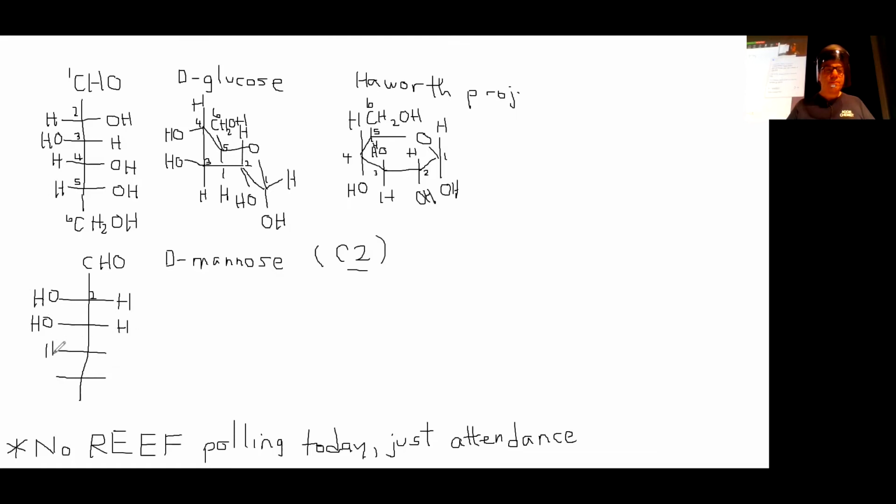I think it would be wrong to write OH instead of HO, because that indicates to me that whoever drew it is not thinking of atoms connected to each other. But that's carbon 2, so that's where the difference is. And the rest is the same. So instead of right, left, right, right, it's left, left, right, right.